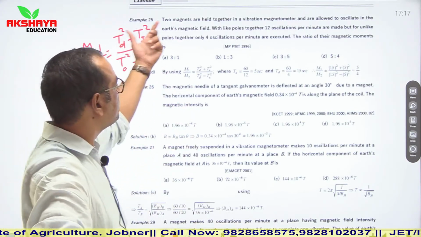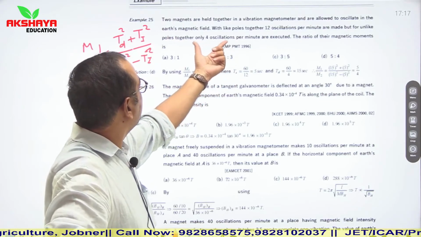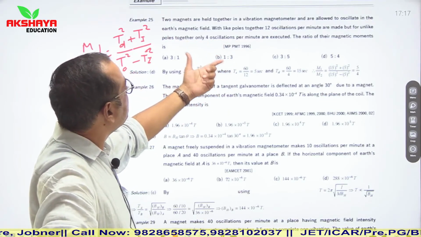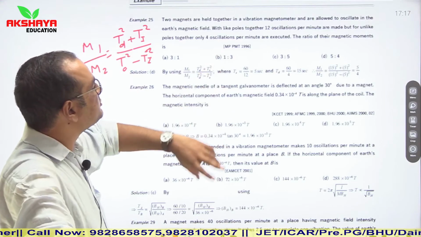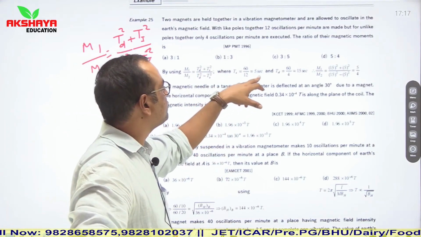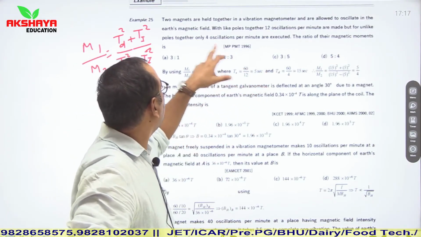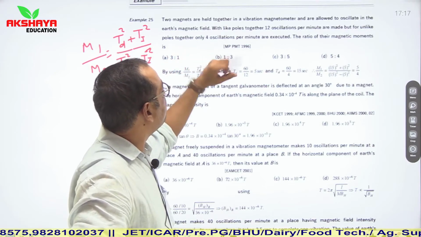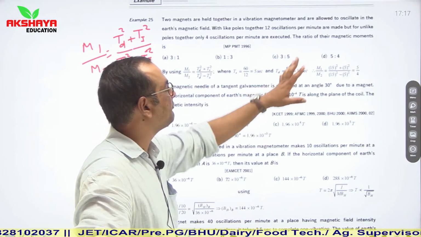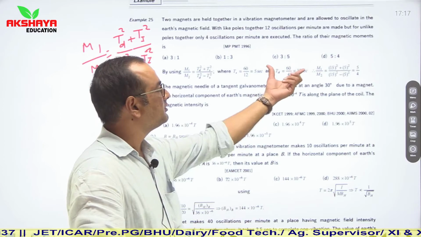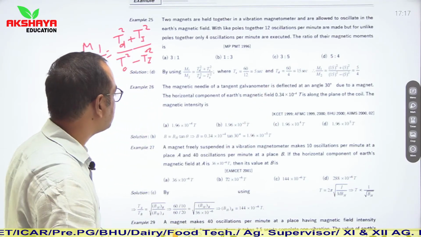Place the values here. You are given the time period. When similar poles are together, 12 oscillations per minute, so the time period is 60 upon 12, which is 5 seconds. And for unlike poles, 4 oscillations per minute means 60 by 4, so 15 seconds. So it can be calculated here using the relation.